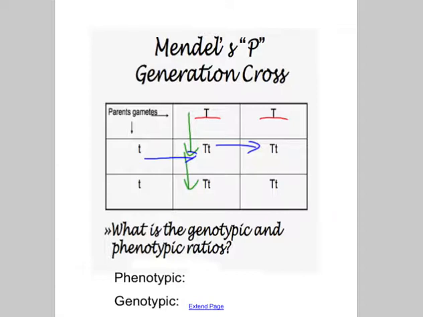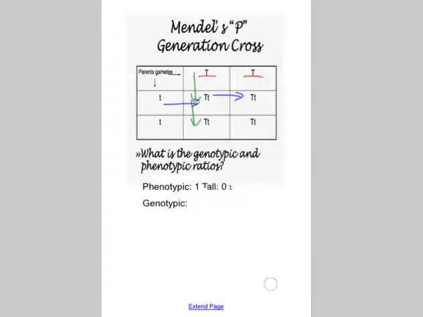Let's talk about the phenotypic and genotypic ratios now. The phenotypic ratio, what does it look like? If we have big T, little t, big T is dominant, so they're all going to be tall. Then we take a look at the genotypic ratio. These are all big T, little t, so it's 1 to 0.